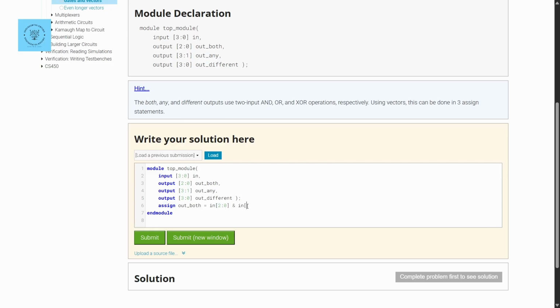We have to take in[3:1]. Why is it like this? Because 0 and 1 is the first, 1 and 2 is the second, 2 and 3 is the last one. So this is our first assign statement.